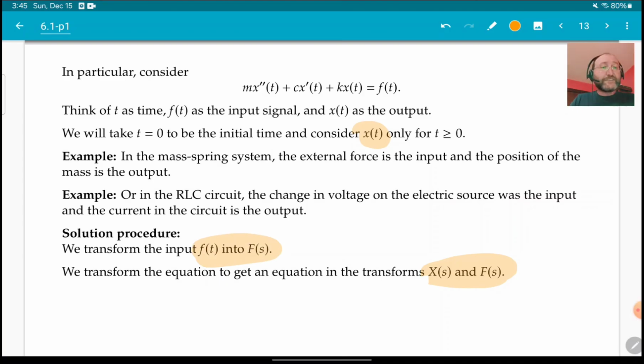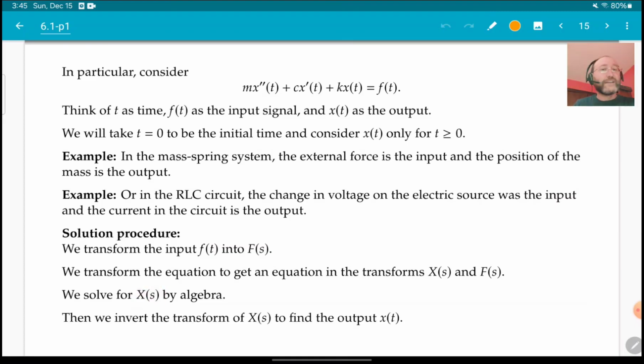This equation doesn't have any derivatives, so we solve it by algebra. We find capital X, which is X of s, and then we invert the transform.